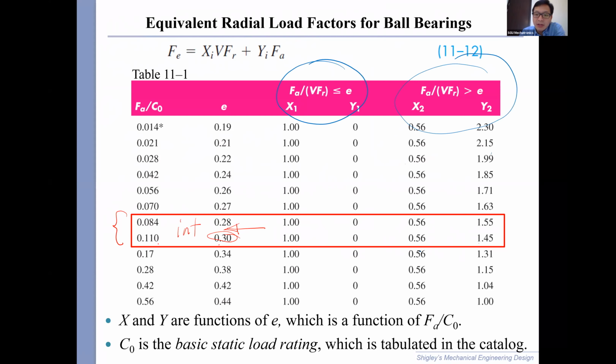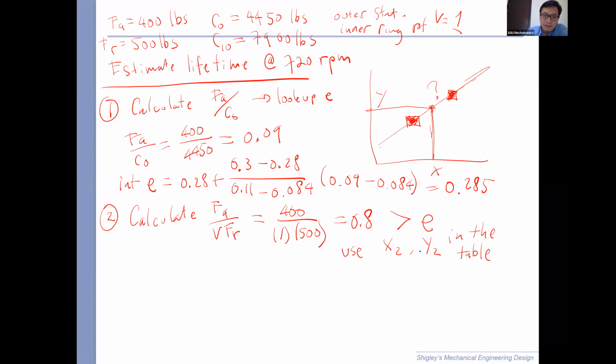Okay? So now we're going to then proceed, use x2 0.56, y2 is 1.527.